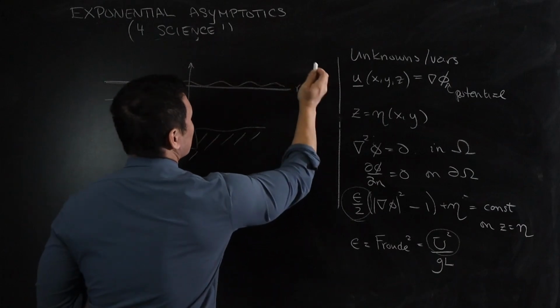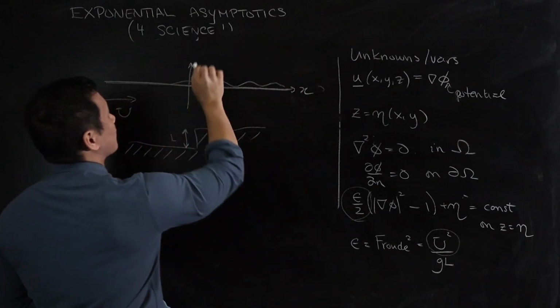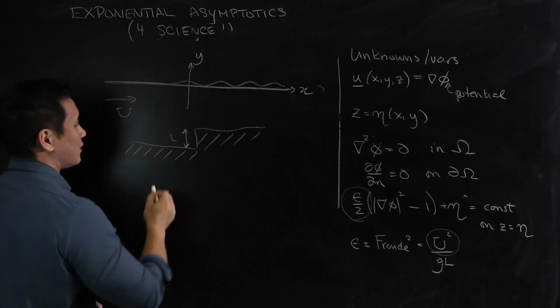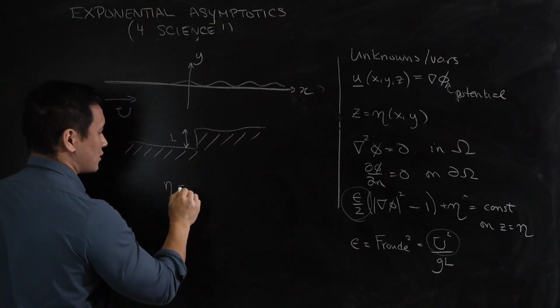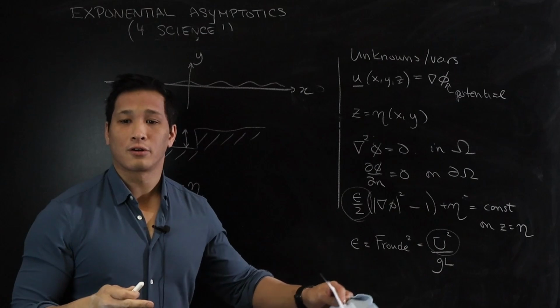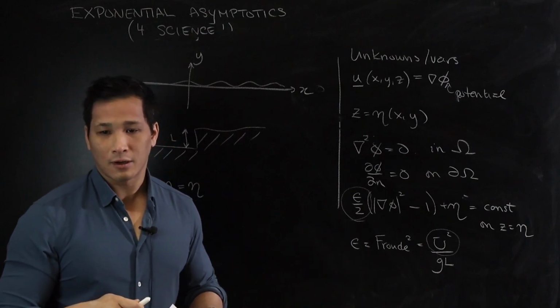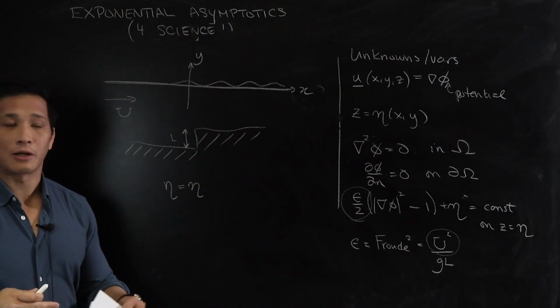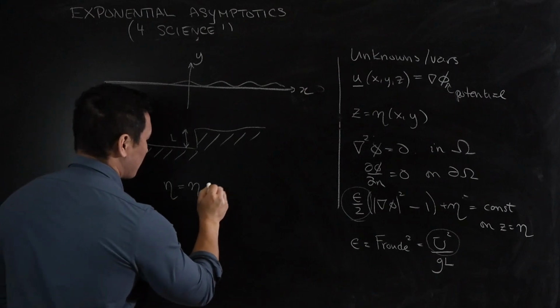Okay, so this is x here, and then this is y here, and then the leading order approximation, if I think of an asymptotic approximation for eta and all the other variables in the problem.